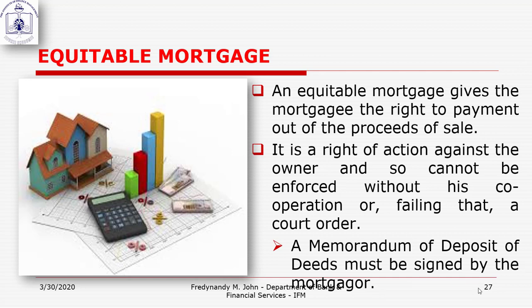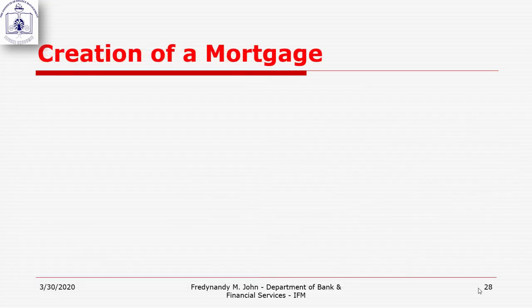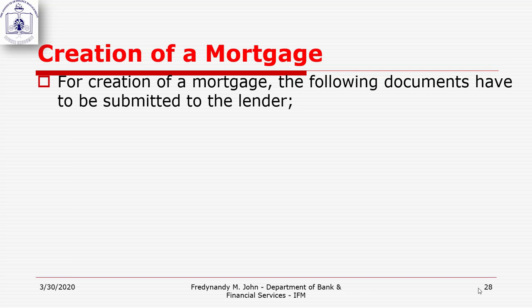Here we need to create what we call a memorandum of deposit of deeds, and this memorandum of deposit of deeds must be signed by the mortgagor in order to assist the lender to realize his funds in case of default from the selling of that particular security. Short of that, it will be difficult for the lender to realize his funds in case of default.